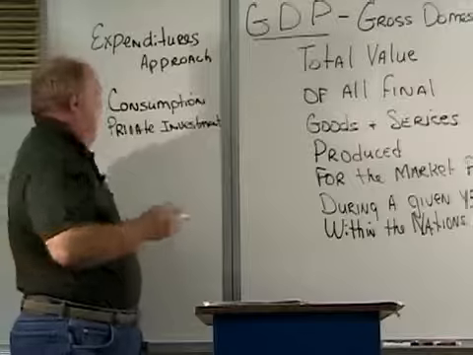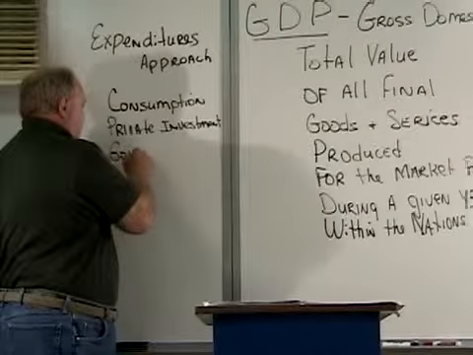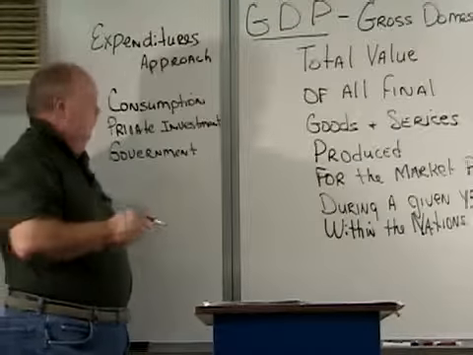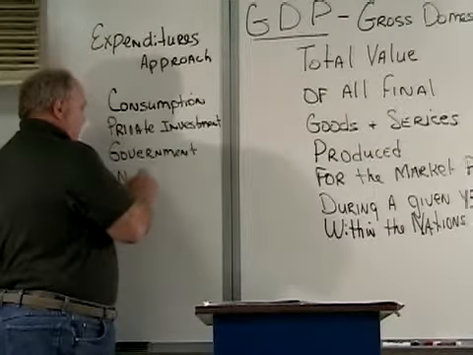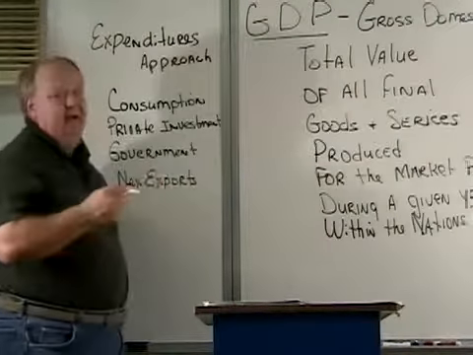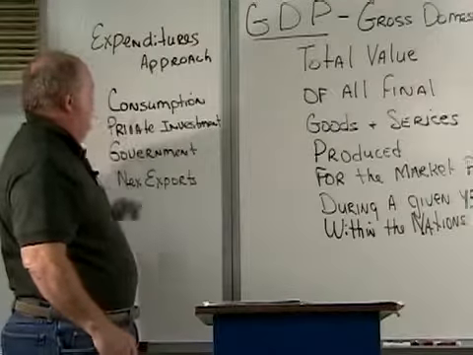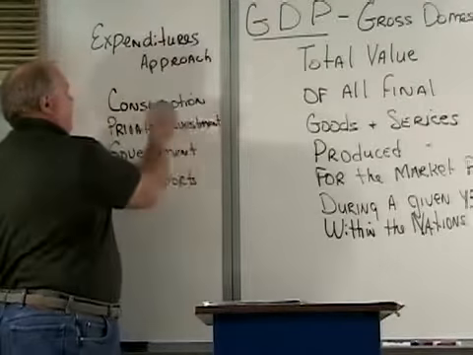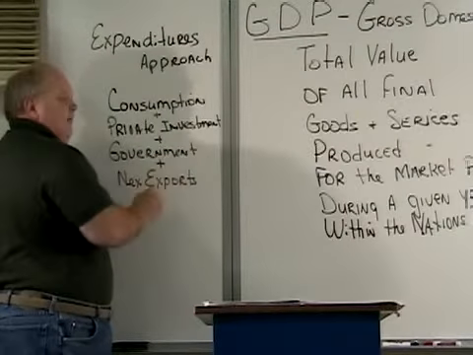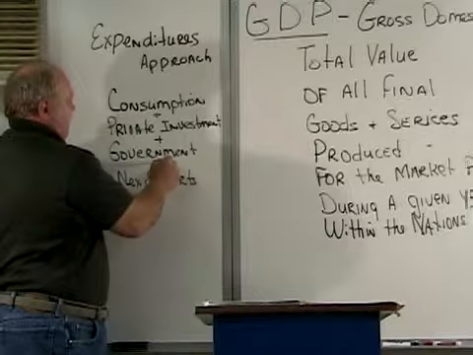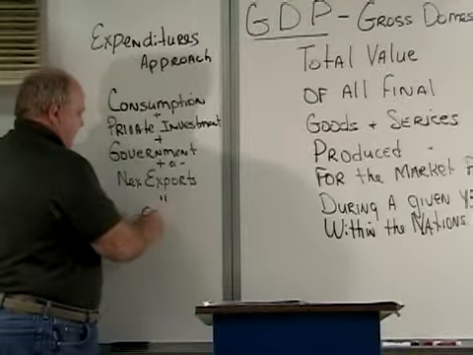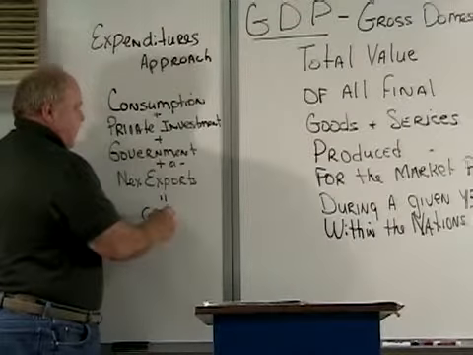We have government spending, and then we have net exports. In using the expenditures approach, we take consumption plus private investment plus government spending, and then plus or minus net exports, and that figure equals our GDP.